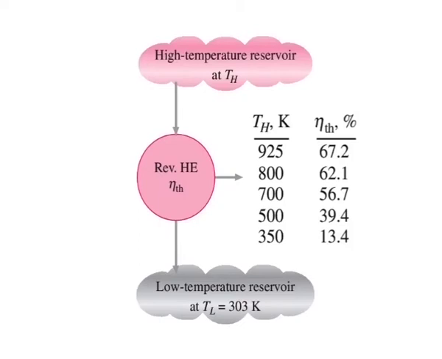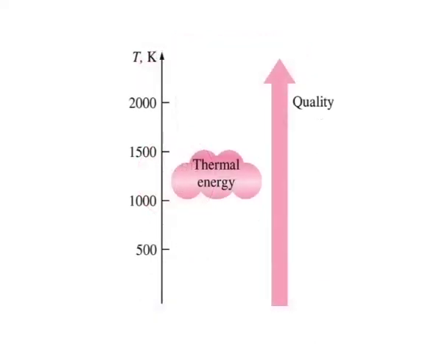When the source temperature is 350 Kelvin, this fraction becomes a mere 13.4%. These efficiency values show that energy has quality as well as quantity. This is clear from the thermal efficiency values that more of the high temperature thermal energy can be converted to work. Therefore, the higher the temperature, the higher the quality of energy.